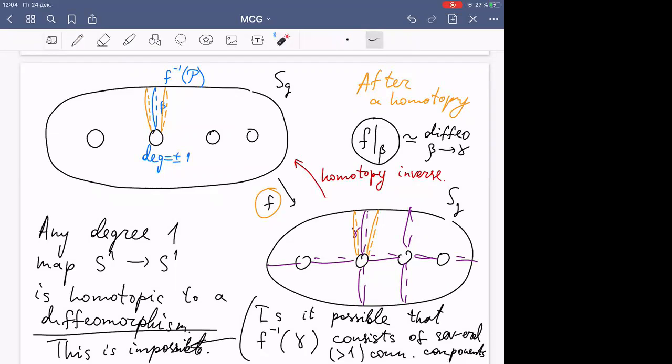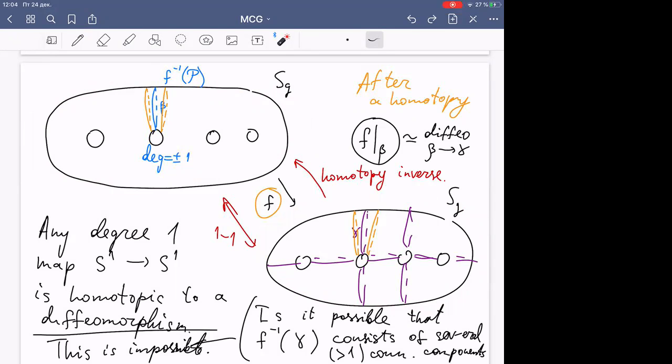And of course, a homotopy equivalence provides an outer homomorphism of the fundamental group. So it provides a one-to-one correspondence between conjugacy classes of the elements of the fundamental group here and conjugacy classes there.